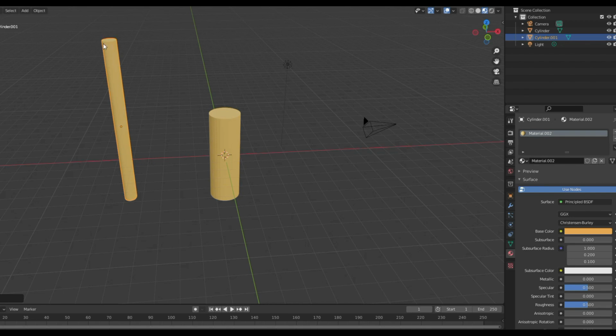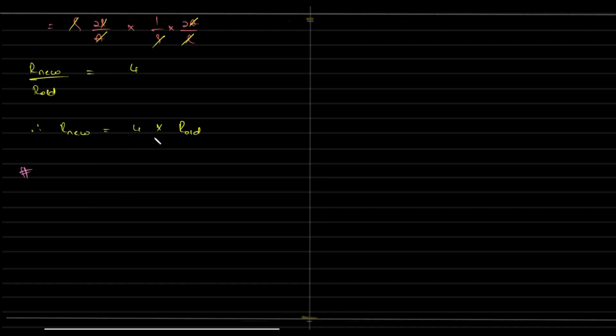Electrons spend more time running from one end to the other, and also there's less space, so it takes more time for the electrons to move from one end to the other. So the new resistance is 4 times more resistive than the old resistance. This should be your conclusion.